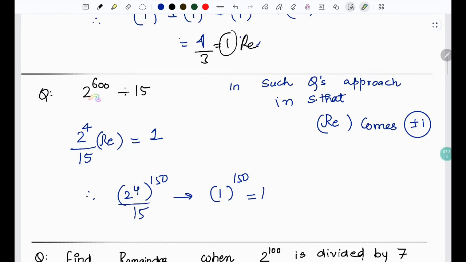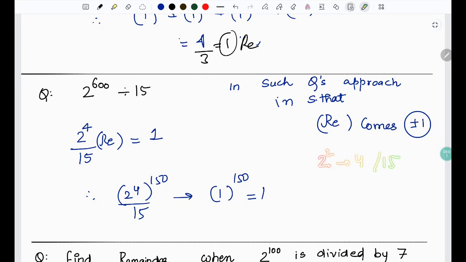Similarly, we have this question, 2 to the power 600 divided by 15. It is a DSSSB PYQ. In such questions again the approach is to get the remainder as plus or minus 1. In this case we have 600, so we try to make the exponential power 100, 150 or something like that. Since we have to get the remainder as 1, we'll check 2 to the power 4 divided by 15.